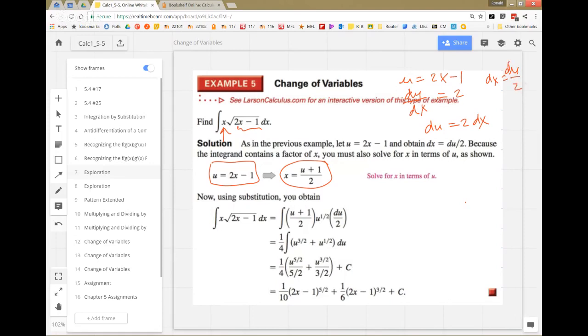So now we're ready to go. We want to translate this expression into u's. So the square root of, in place of x right there, we plug in what we just found, u plus 1 over 2. And then the square root of 2x minus 1.